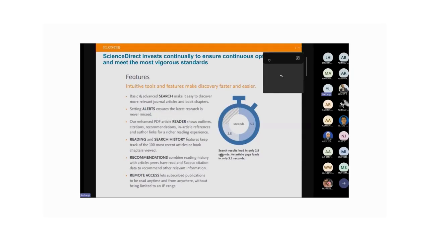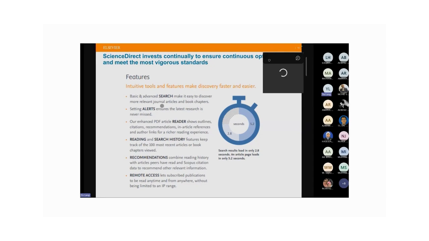Later, as you go to the ScienceDirect platform, you can find that ScienceDirect offers researchers 2 different search techniques: basic search and advanced search.